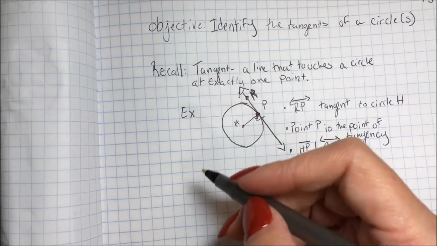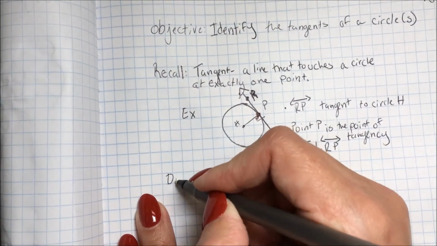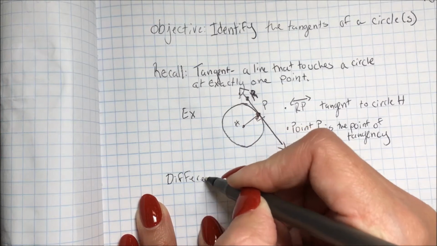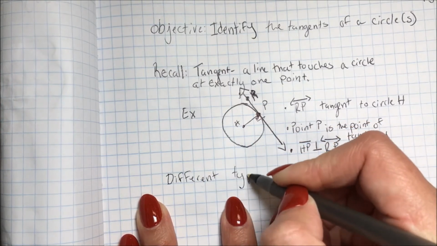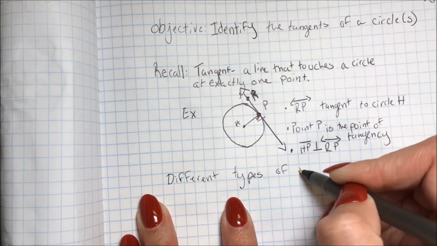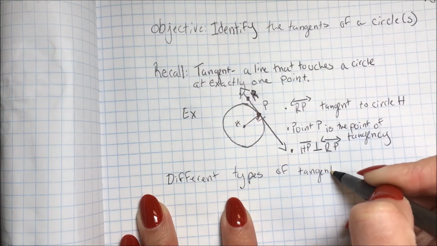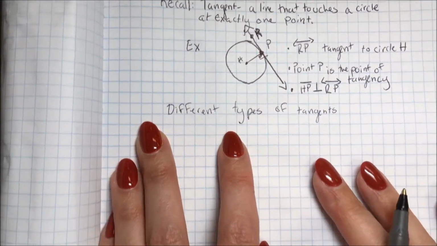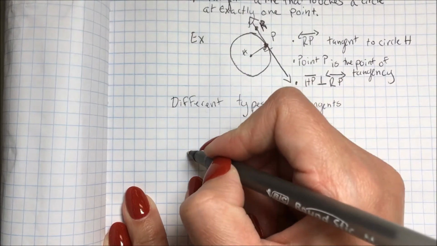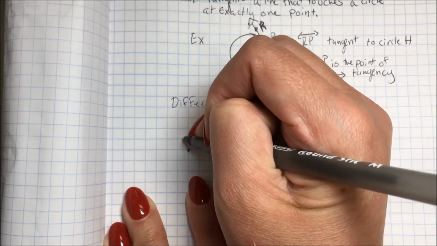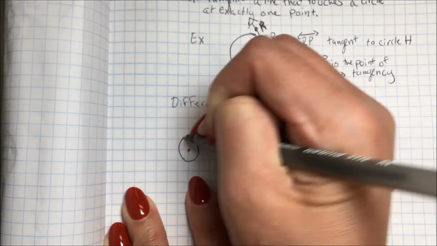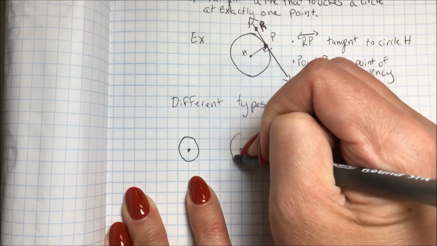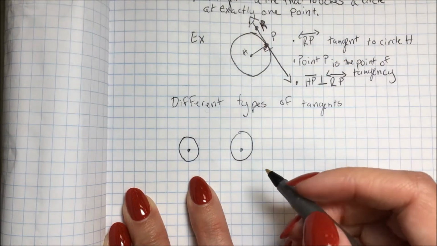There's two types of tangents. So we can draw tangents between two circles that are tangent to two different circles. Okay?